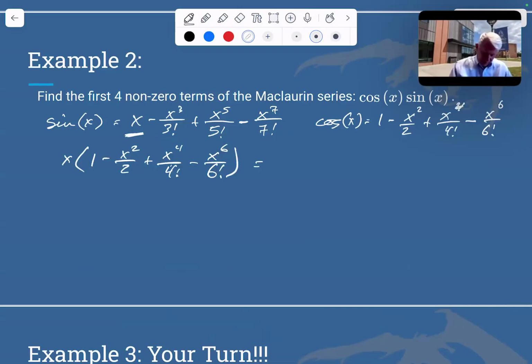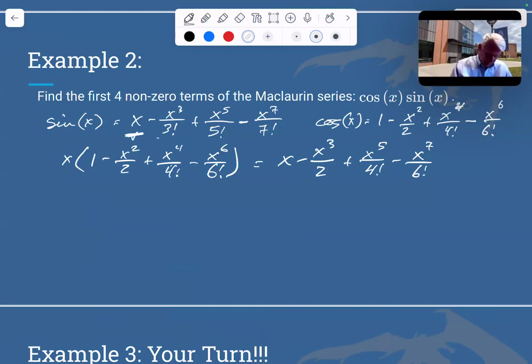So what happens if I do that? Then I'll have x minus x cubed over 2 plus x to the fifth over 4 factorial minus x to the seventh over 6 factorial.